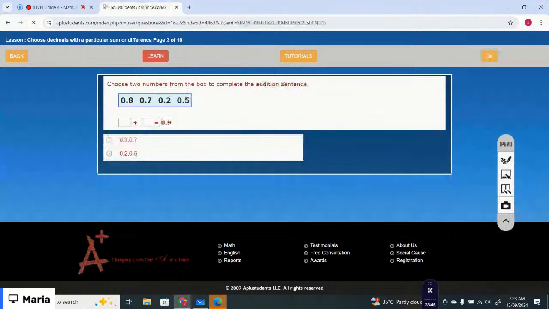Okay. Choose two numbers from the box to complete the addition sentence. Which two numbers when added make 0.9? Which is the correct option? So which two numbers have the sum 0.9?